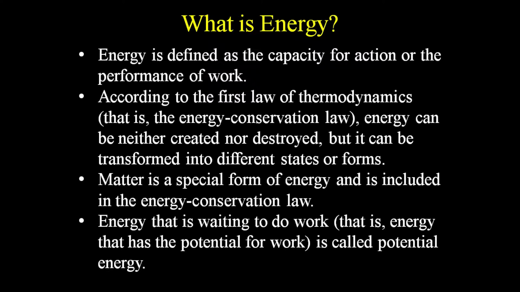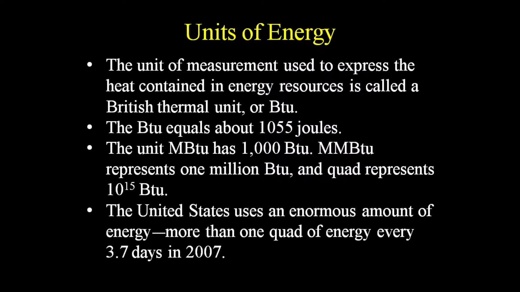Energy that is waiting to do work, that is, energy that has the potential for work, is called potential energy. The unit of measurement used to express the heat contained in energy resources is called a British thermal unit, or BTU. The BTU equals about 1,055 joules.